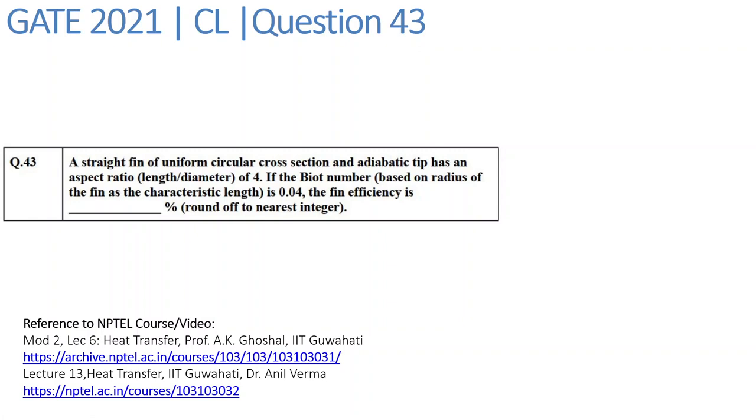Here we have been given the aspect ratio of 4 and the Biot number based on radius, which is important information. We have to find the fin efficiency. So let's look at the video solution.